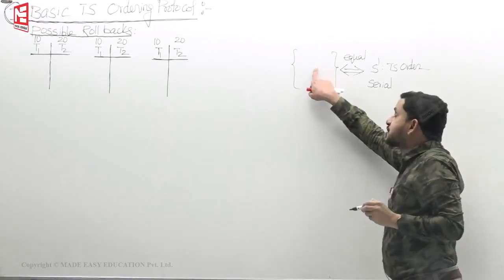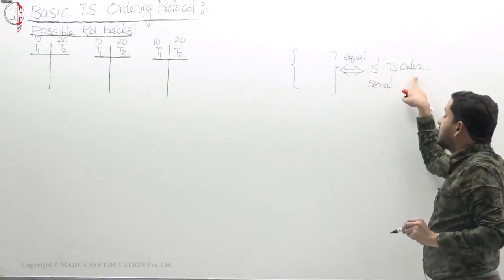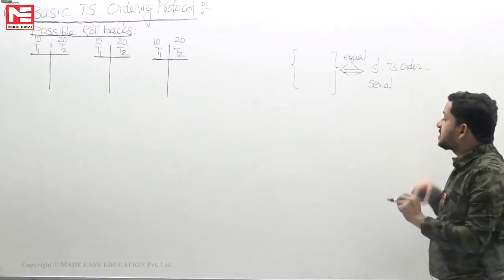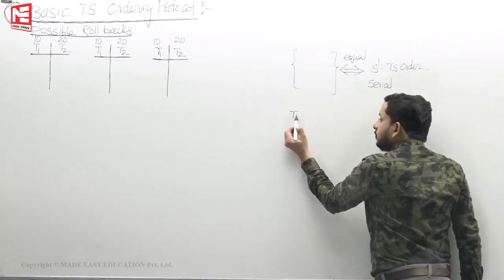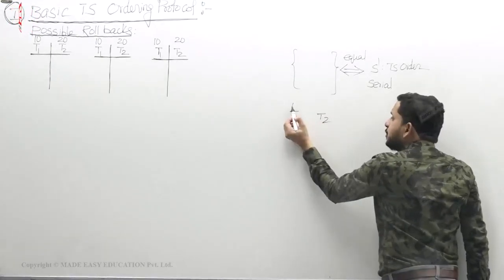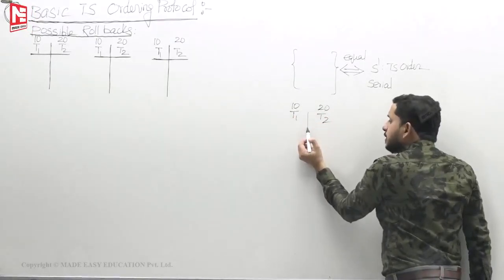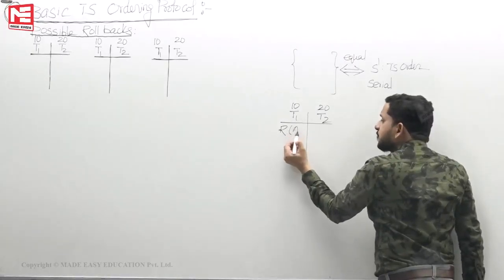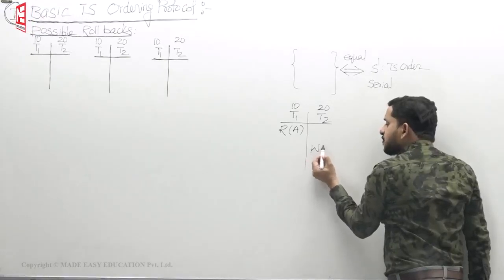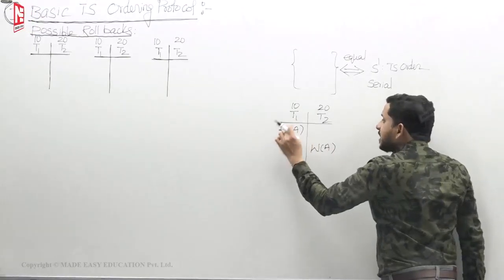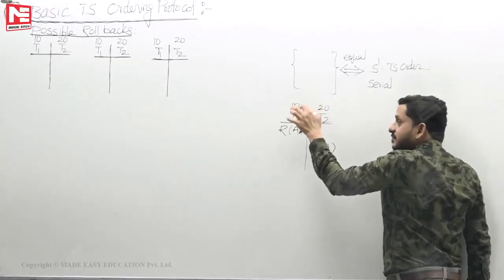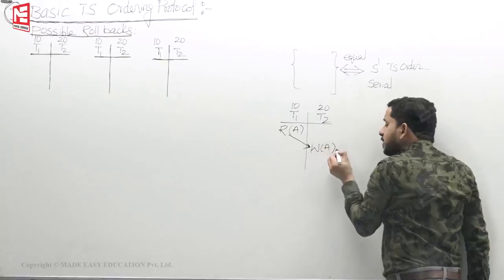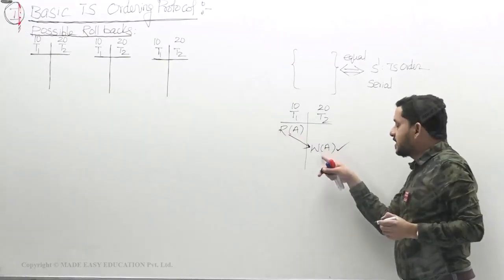So the protocol conditions are the same. For example, T1 and T2 have timestamp values, and assume in the conflict pair T1 performs the read of A and T2 performs the write of A. This concurrent execution is still equal to the serial, so this kind of conflict pair is no issue. This read is allowed and this write is allowed.